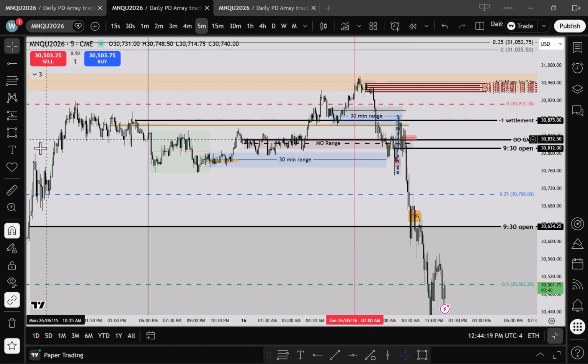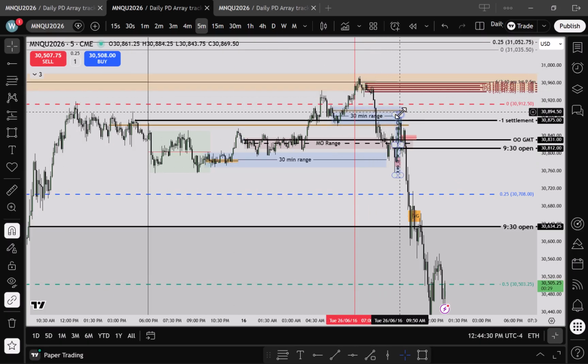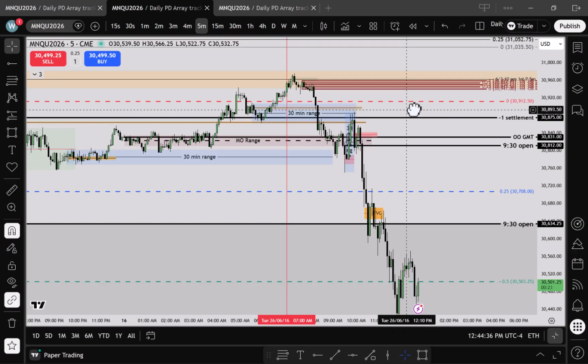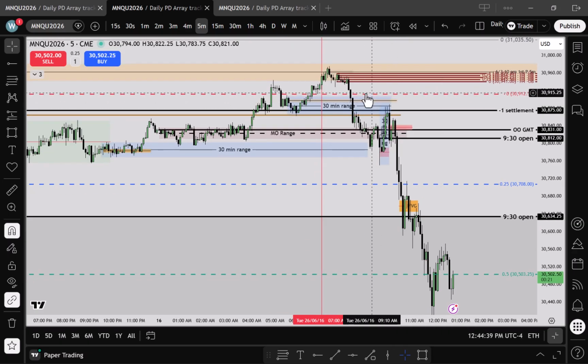We opened here, ran up, took out yesterday's high, and then got back down below it with some displacement on the 5-minute chart. Respected the 30-minute range of this 2 a.m. 4-hour candle. Again, here's yesterday's high.